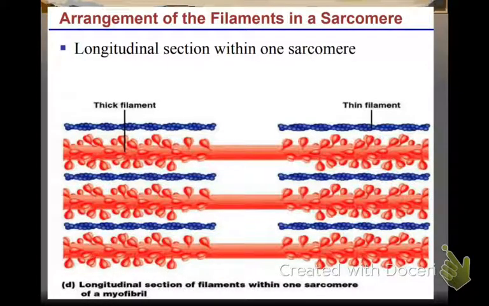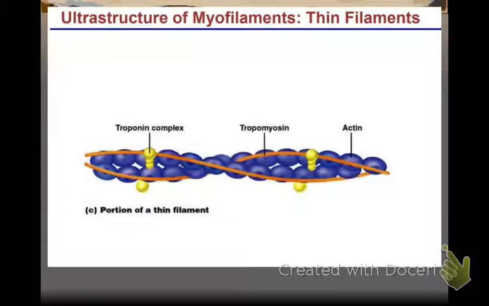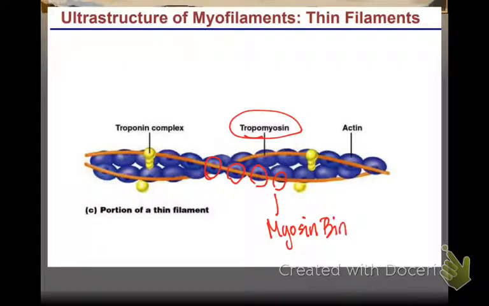An even closer view within one sarcomere shows the thick filaments with these little heads that look like golf clubs. So here we have a thin filament of actin, and you'll notice that there is this protein called tropomyosin, and the protein is laying over these little darkened spots here, and those darkened spots are the myosin binding sites. This is where the myosin would attach, but it's being covered up by the tropomyosin.